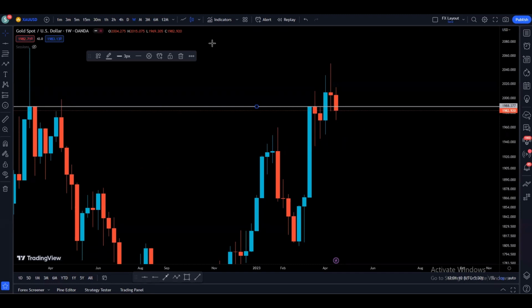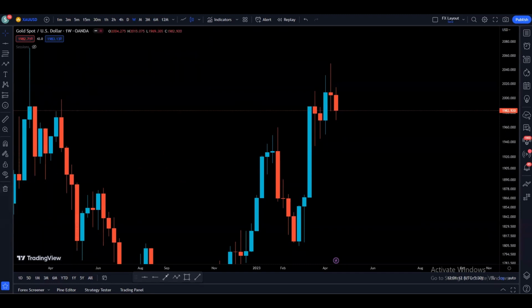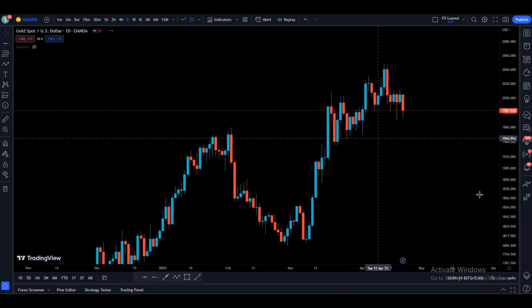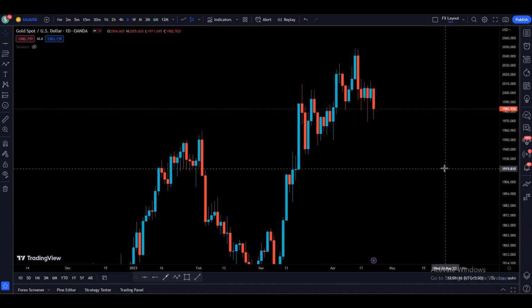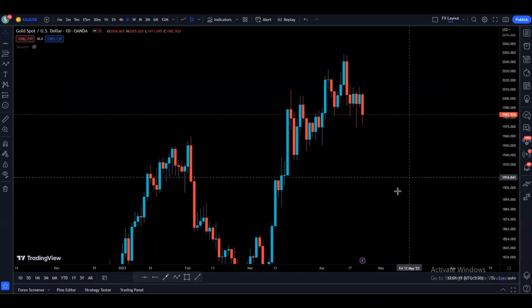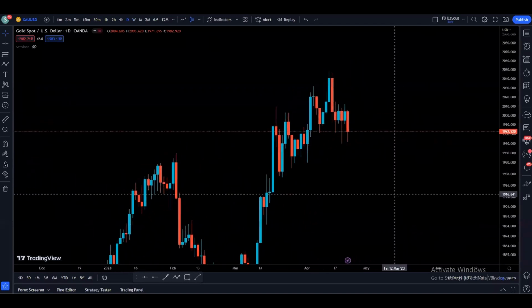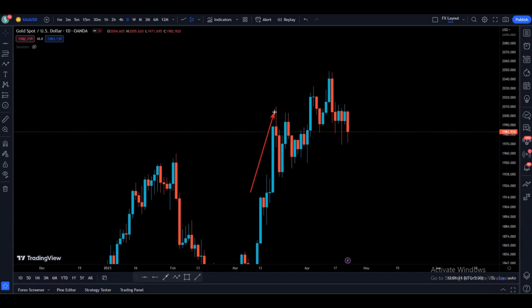Now if we look at the daily time frame, on the monthly and weekly we know that the price is pretty much bullish. On the daily time frame, we can see that the price was bullish because we were making highs and higher lows. After that, we broke the previous high, created a new high, higher low. This low was higher than the previous low.